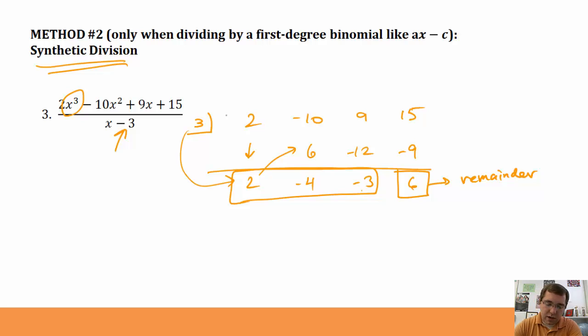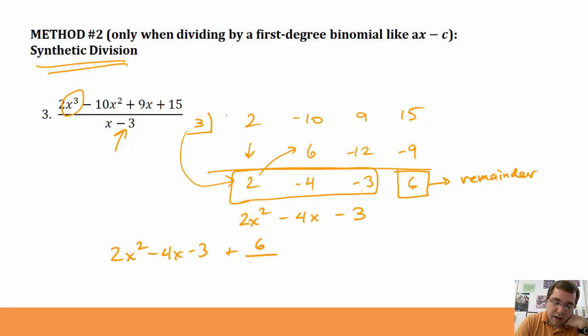So that was a 2x cubed. One less than that is an x squared, so this is a 2x squared. You always start with one less power. Then I've got minus 4x, then minus 3 by itself. So I'm just assigning them the proper powers of x, starting with one lower than what I was dividing into. So my answer is 2x squared minus 4x minus 3 plus a remainder of 6 divided by x minus 3.